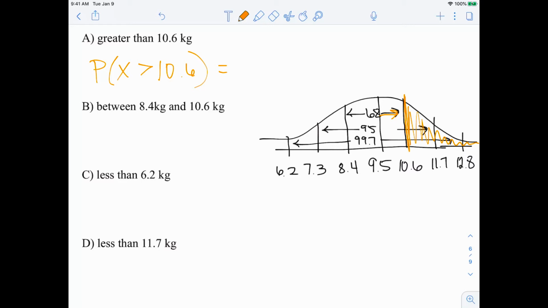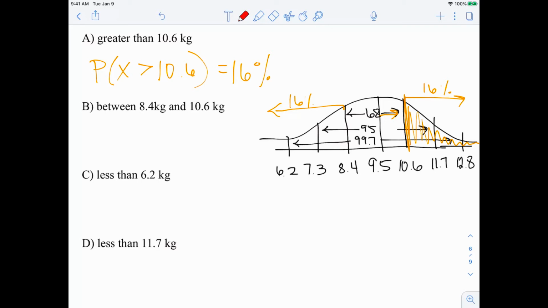So again, that's the middle 68%. So I know that there's 32% left over because 100 minus 68 is 32. If I cut 32 in half, I end up with 16% on either side. So to be above 10.6 is going to be 16%. So 16% of all 1-year-old girls in the U.S. would be above 10.6 kilograms.